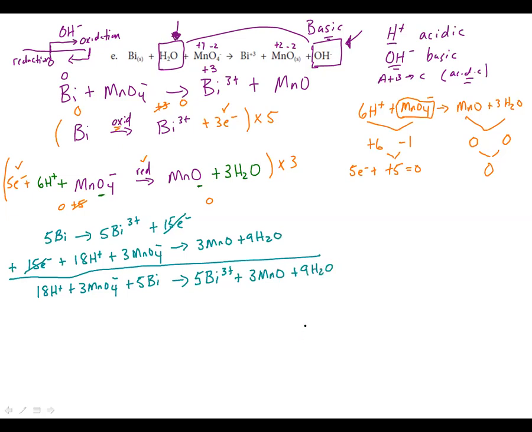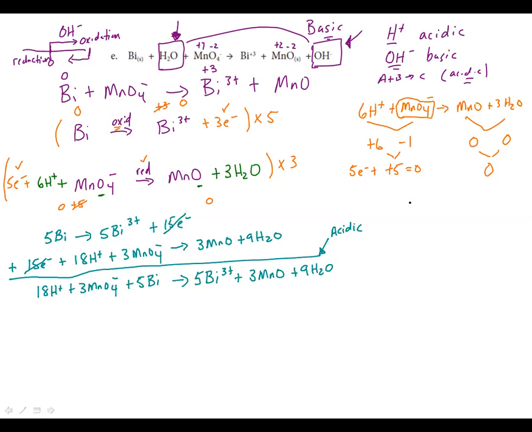At this point, which is not what they're asking for in this question, this is essentially the balanced equation in acidic conditions. You could verify that by taking a look. We have 18 hydrogens on the left, 18 on the right, 3 of the Mn on the left, 3 on the right.